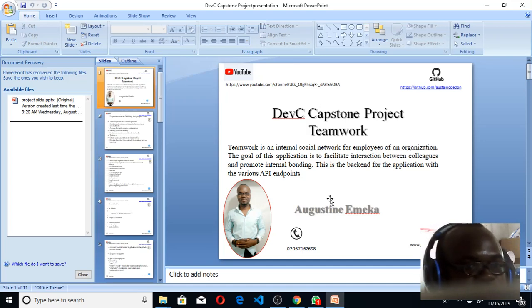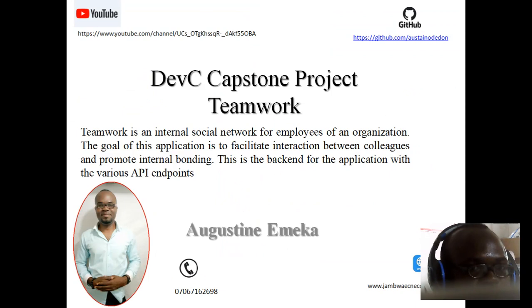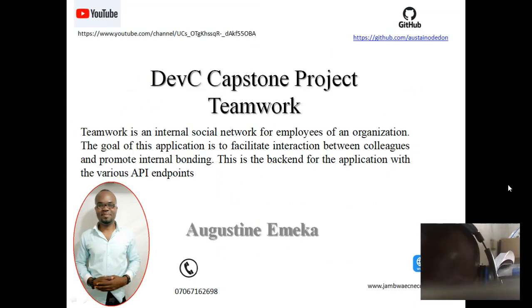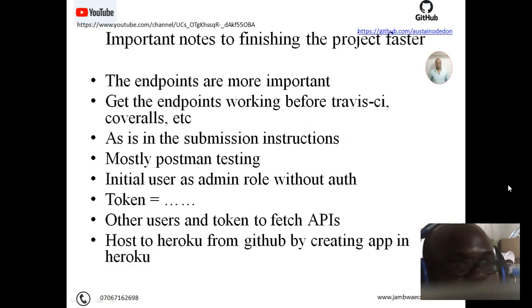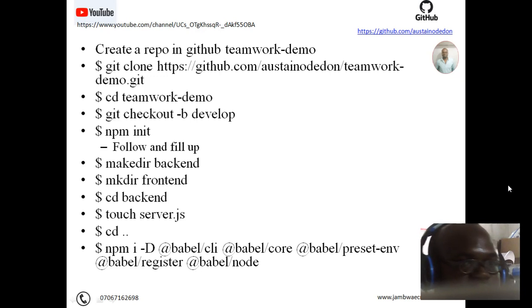This is just the description of what the API is all about, and I went on to the basic important points to note: creation of the repo, git clone.